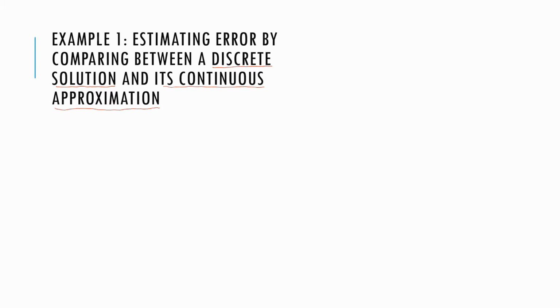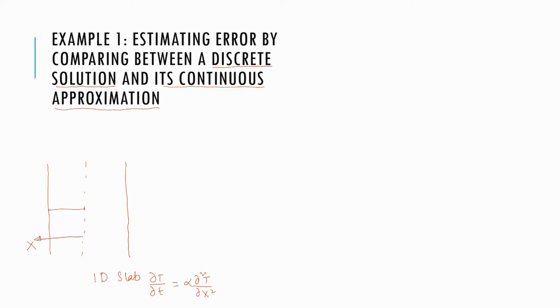So we're going to talk about this problem, which is heat conduction in a 1D slab. The governing equation is ∂T/∂t equals alpha ∂²T/∂x², where this is my x, and the domain is from here to here.